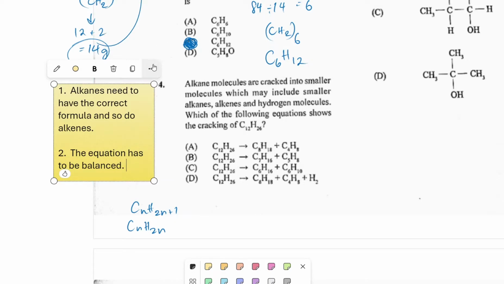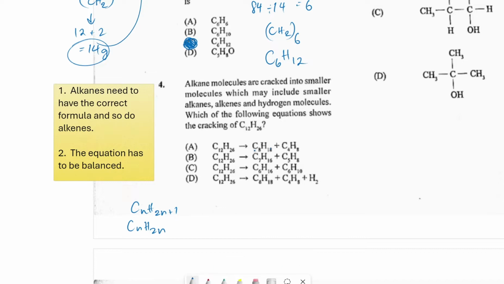So, checking A for those two things. You have 8 carbons here and 4 here. 8 plus 4 is 12. And you have 18 hydrogens and 8 hydrogens here. So that's 2, 8, 16, 26. Yes. So you do have 12 carbons and you do have 26 hydrogens.